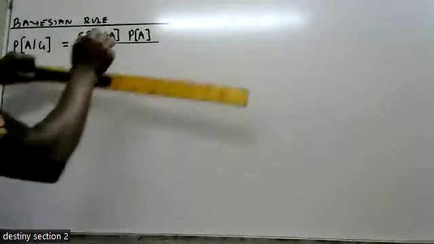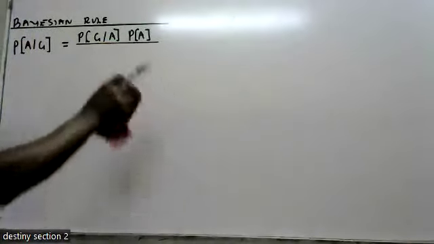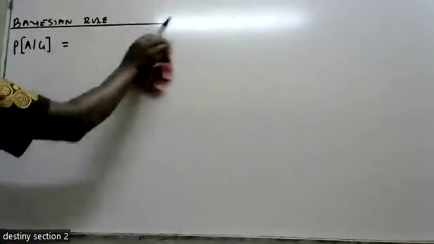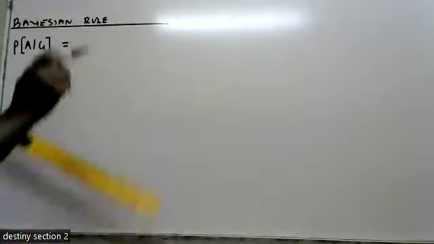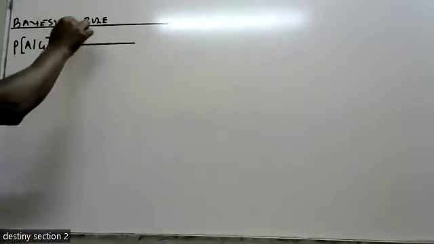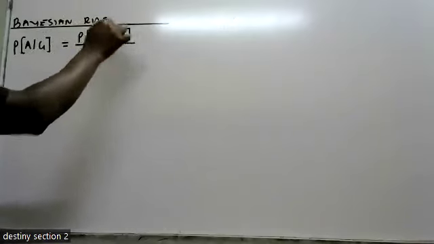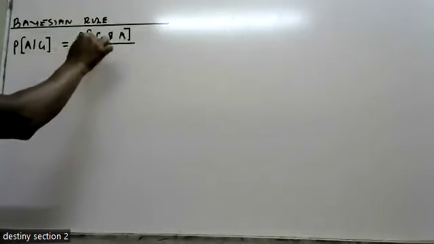Now maybe I could first of all have opened in a simpler way before I expand. The simpler way will be probability of gold and A, and that way you divide by probability of gold.